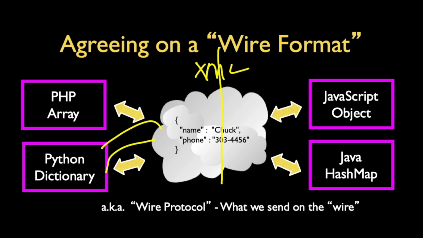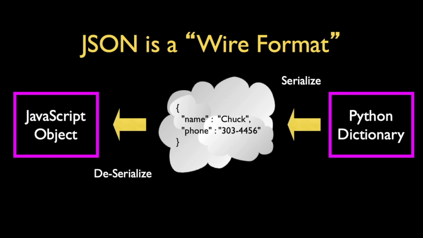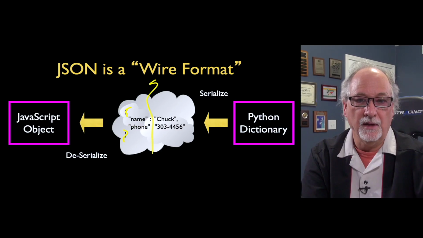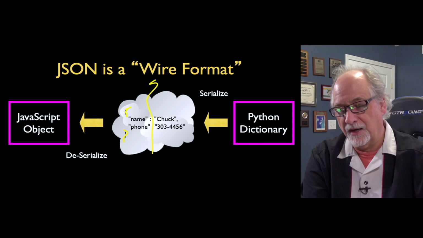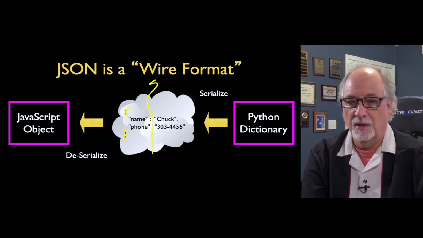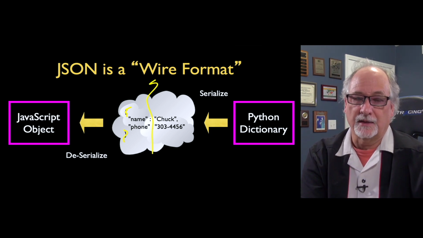But after a while, JavaScript turned out to be a much better solution as the wire protocol. And so JSON is a wire format, and at this point it's pretty much the most popular wire format. It looks like JavaScript constants with curly braces, key value pairs, and it also looks like Python dictionaries and lists, which is really, in 2005, 2004, Python wasn't all that popular back then.